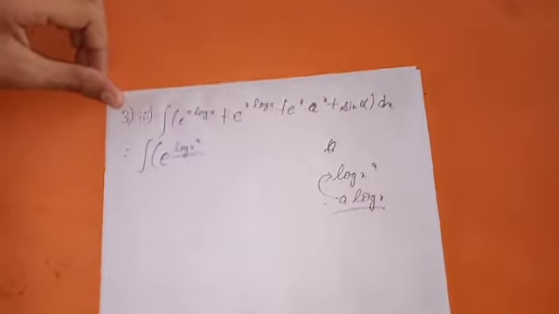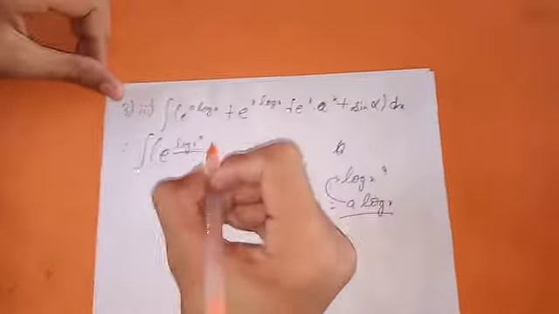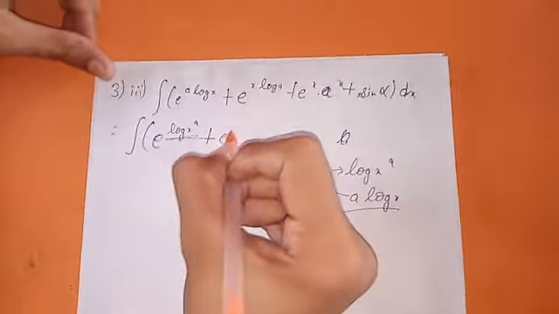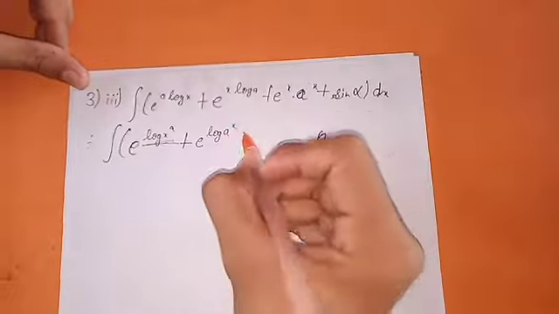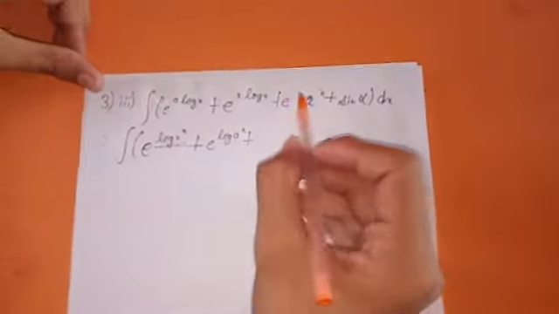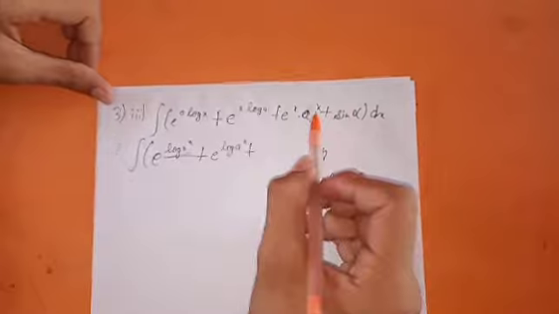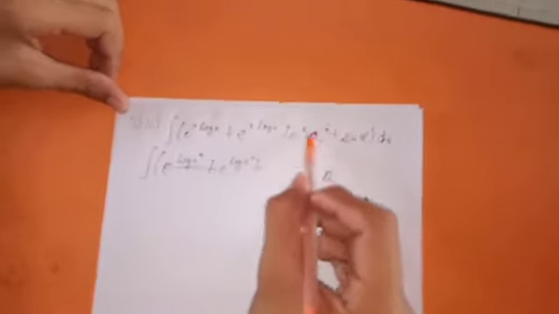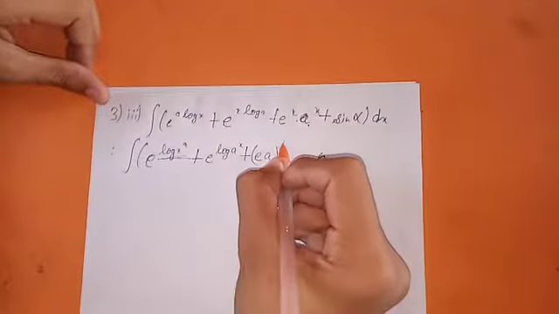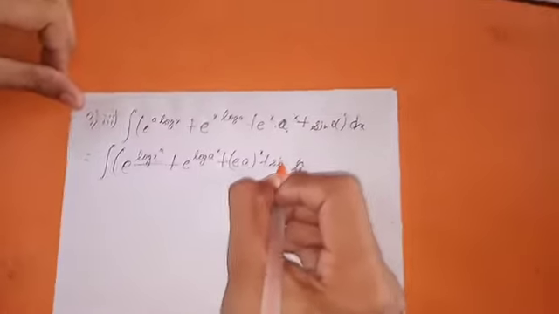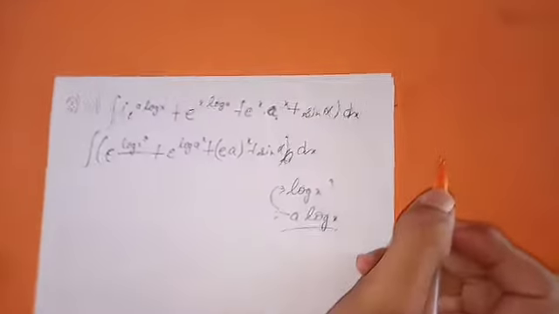Okay, I hope you have understood. Similarly, second, plus e raised to power log of a raised to power x plus, now look here, e and x are two different bases with same power x, so I can write it as e into a raised to power x plus sin alpha as it is, whole into dx.